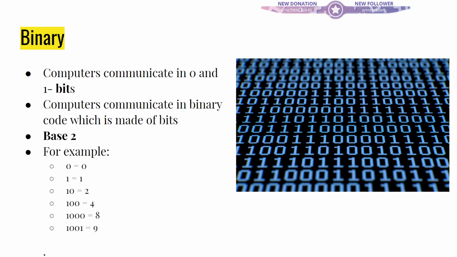And so to express a number such as 9, I would need to say 1001, which means that there is 1, 2 in degree 0, 0, 2 in degree 1, 0, 2 in degree 2, and 1, 2 in degree 3.